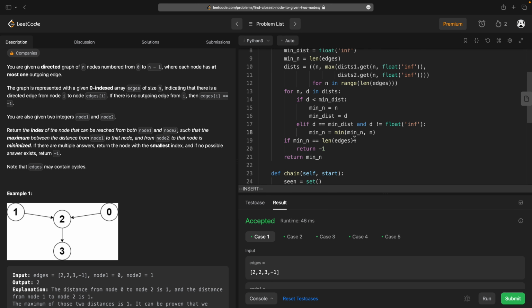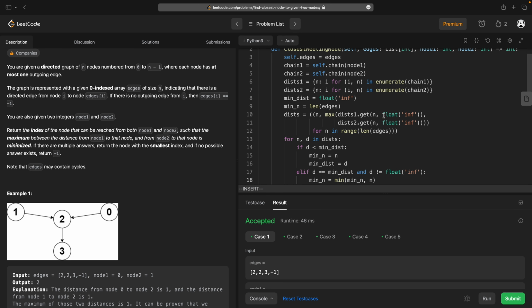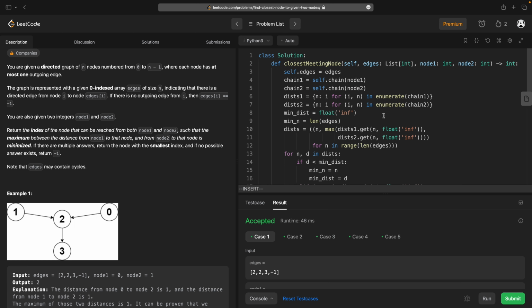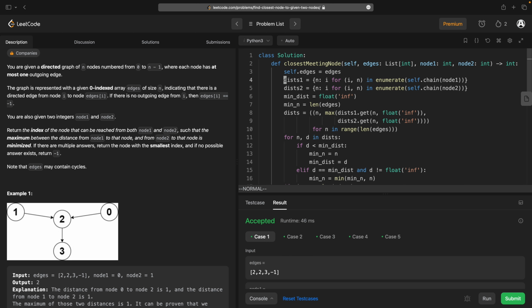I think this is an improvement. We're getting there. We are getting there. This is a surprisingly tricky problem. We don't need to have these as separate functions.